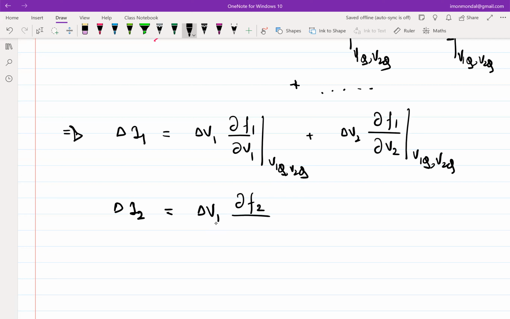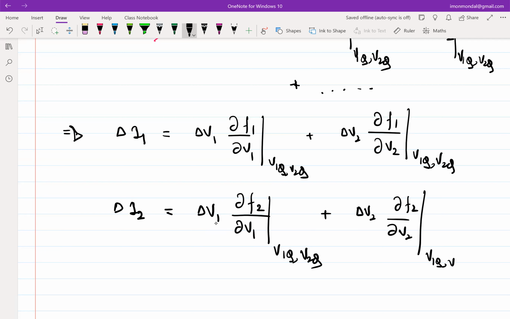So this becomes del F2, del V1, but evaluated again at quiescent points V1Q, V2Q. Okay, any questions?